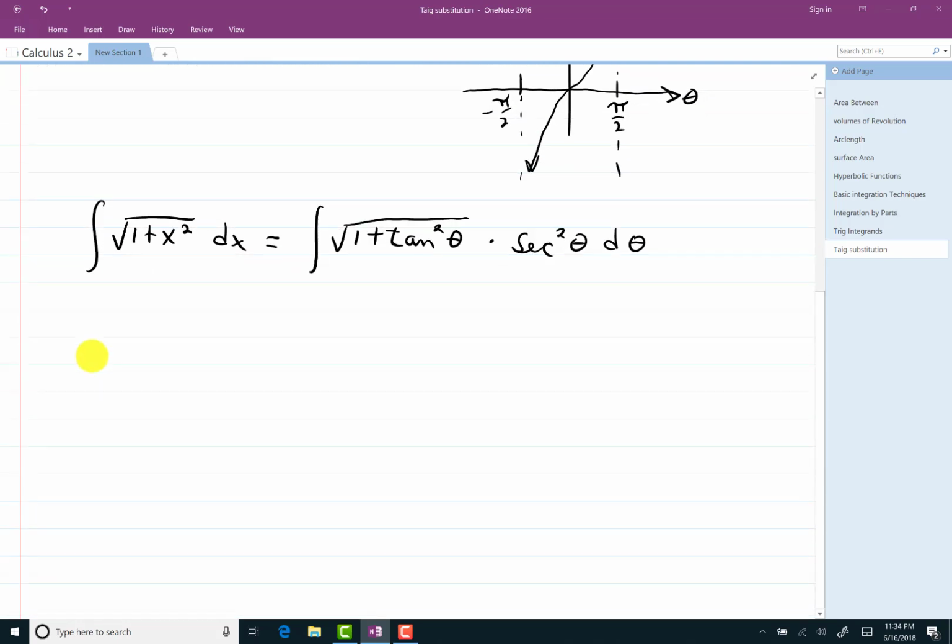Now, when it comes to working these problems, we don't have limits of integration, so I don't really have numbers to go by. And you should remember the identity that this quantity here is equal to secant squared of theta.